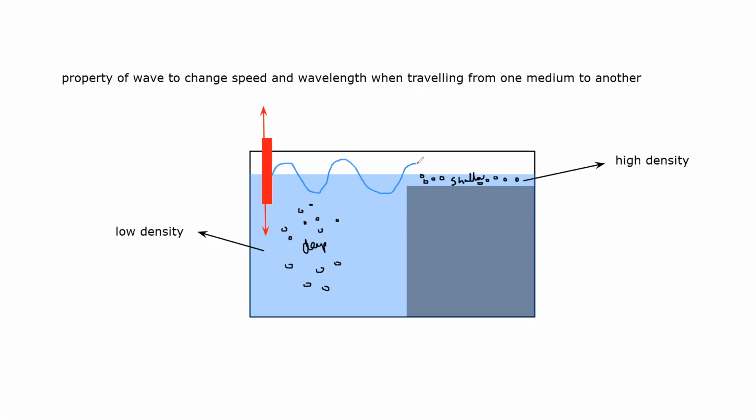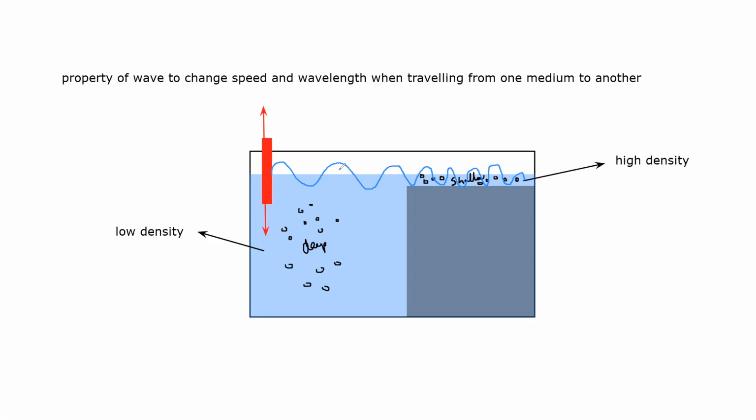But the moment it enters a shallow region, it slows down because the shallow region is not allowing the water waves to pass easily, not able to transfer energy quickly. What pattern do we observe in a deep region? The waves are far away from each other, but as they enter the shallow region, the waves come closer to each other.